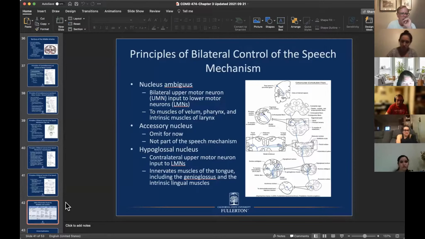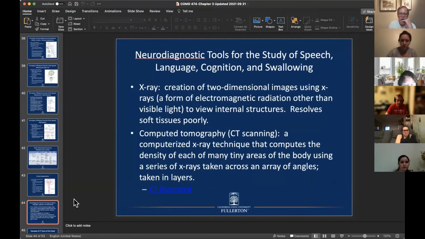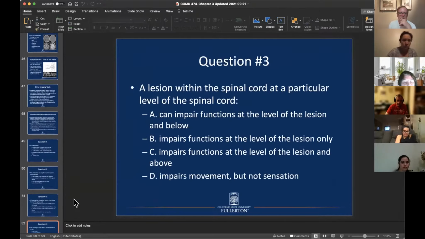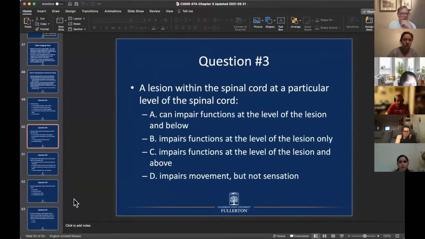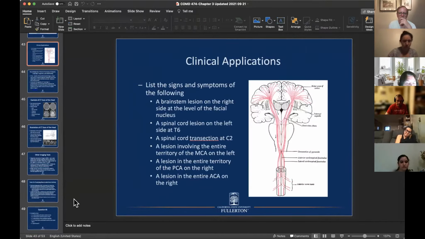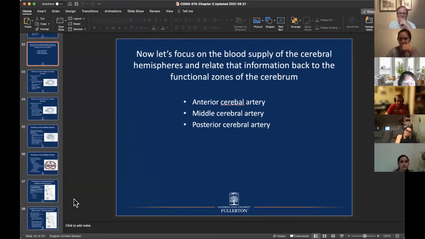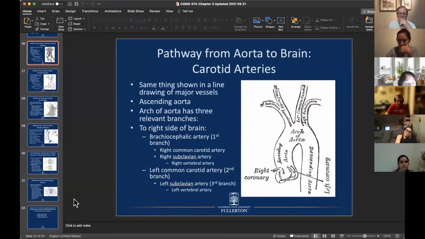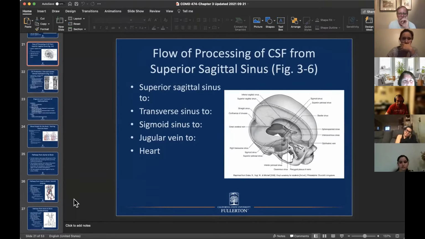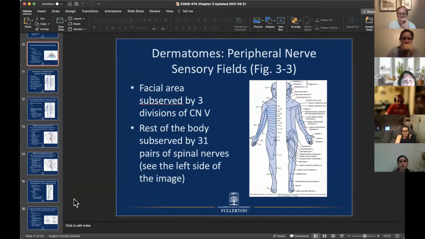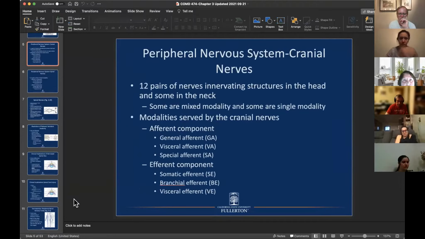When we're talking about the Brodmann areas, if it was Brodmann area 17, the territory of the posterior cerebral artery takes on the function of the primary and secondary zones of the visual cortex, BA 17, 18, and 19. And if we had an infarct or a stroke in that area, it would cause the primary visual field loss.